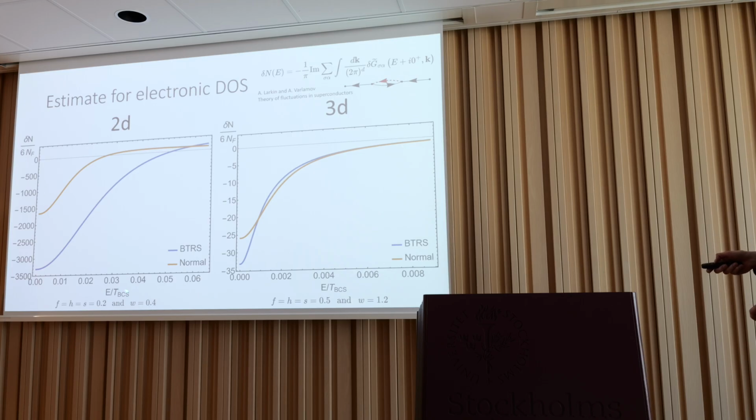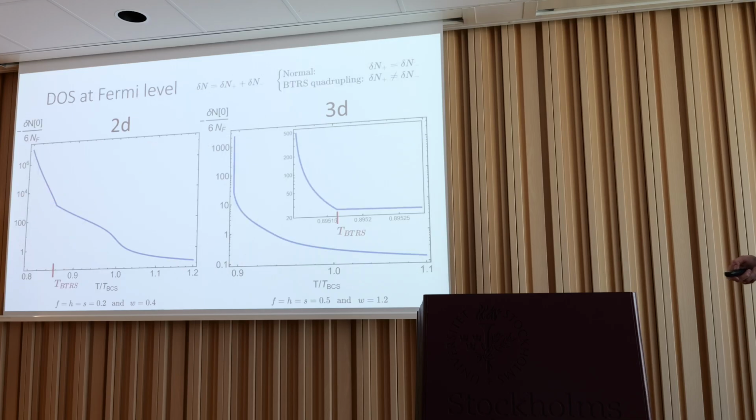The x-axis is energies, scaled, and the y-axis is the change in density of states. Here we compare the BTRS state and the normal state at the same point. The point is that for BTRS, this dip in the density of states is lower, but also somewhat narrower.